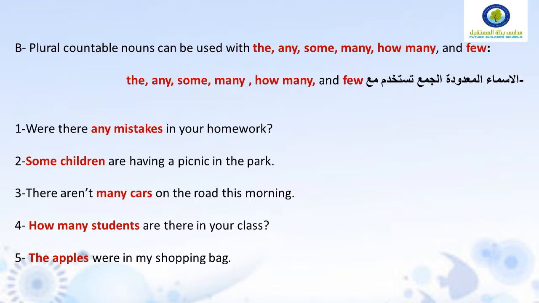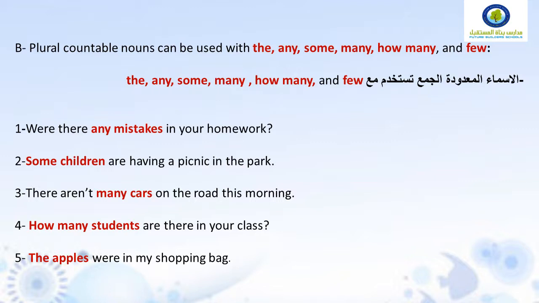For example, number 1, were there any mistakes in your homework? What is the plural countable noun? Yes, mistakes. The singular of it, mistake. Here we have mistakes, and we used any with it. And focus here on the use of any, because we will introduce it later, that we use it in the question.